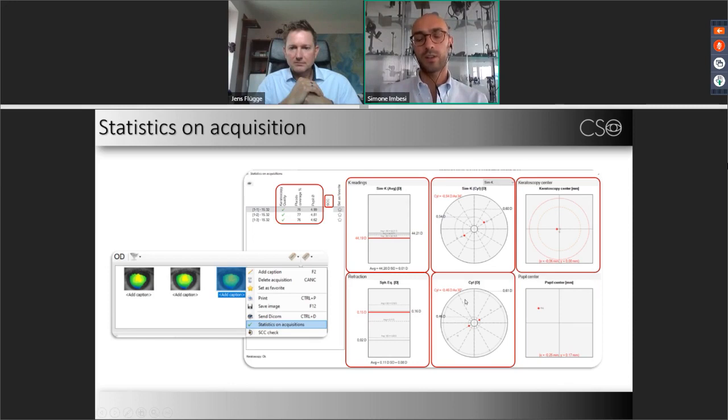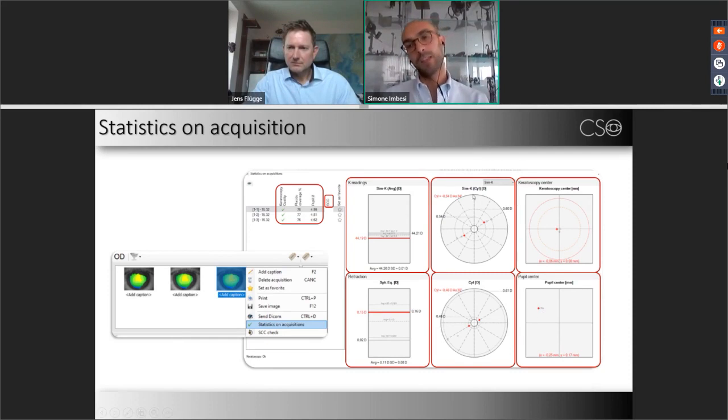Here you have information about the total astigmatism, and here you have information about the pupil location with respect to the corneal vertex. So even here you have information about the repeatability of the fixation of the patient.